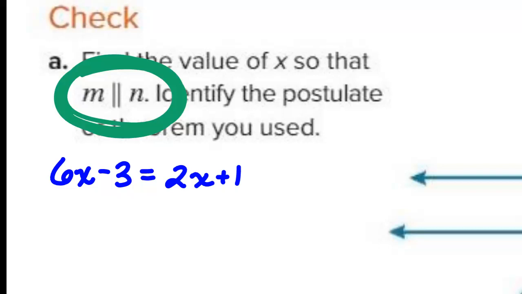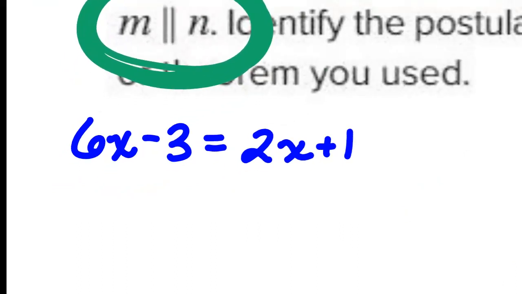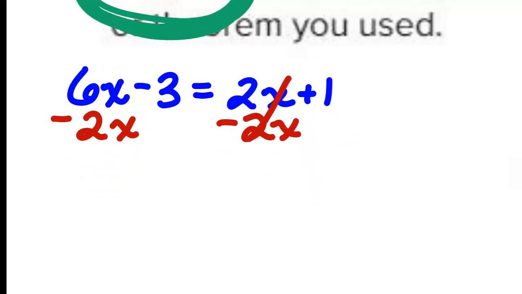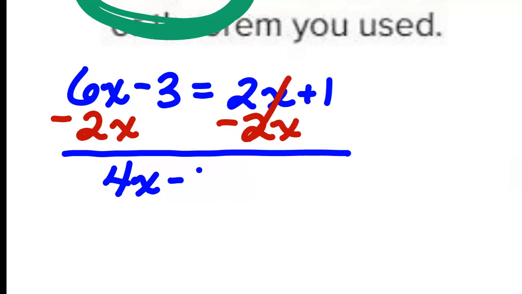Now I need to solve this for x, which means I need to get my x's all on the same side first. How do I group my x's together? Subtract 2x from both sides. All right, so 6x minus 2x would be 4x. 4x minus 3 equals 1.